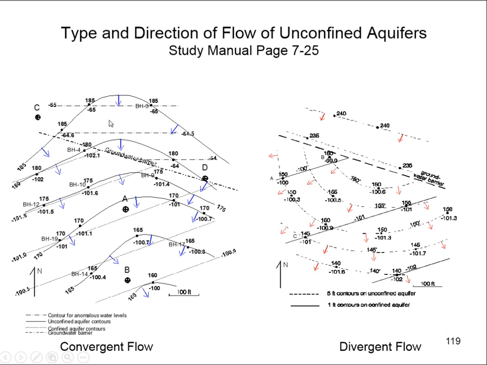When we look at the values, we have 185 up here and 160 down here, so the flow direction is down to the south. I've put in a bunch of arrows perpendicular, which show that the water is going to converge into this central part, just like if we had a swale and the water was coming off the sides and into the midsection.